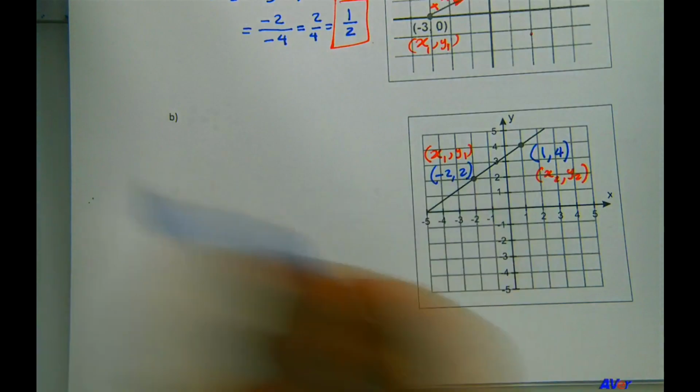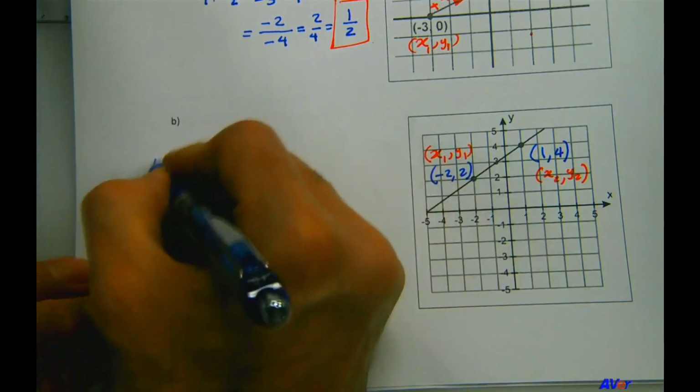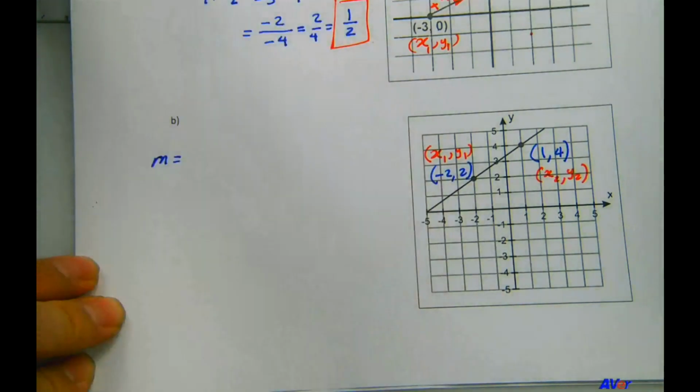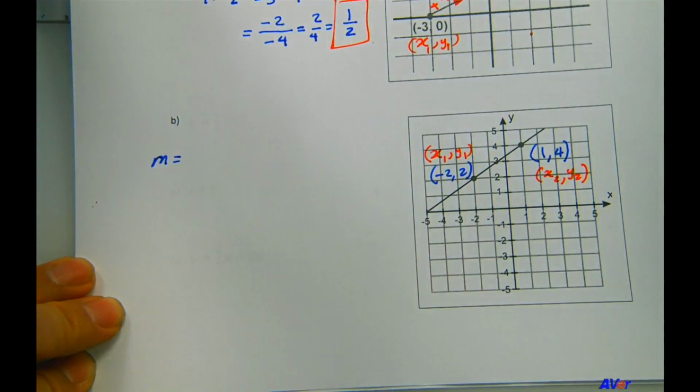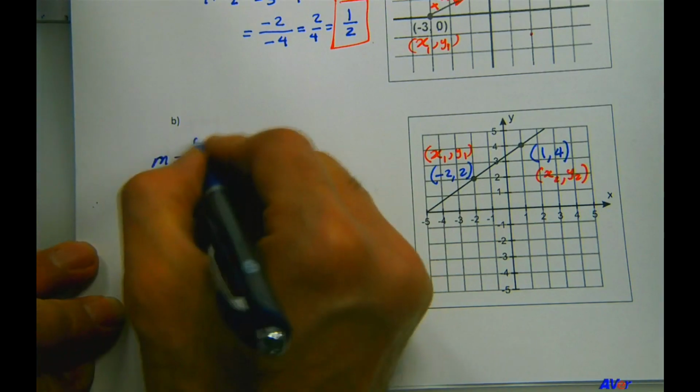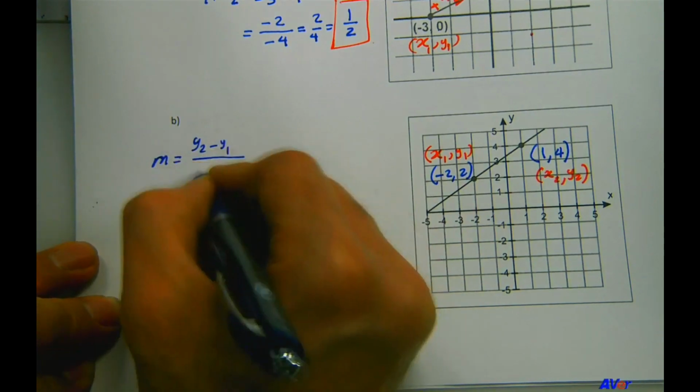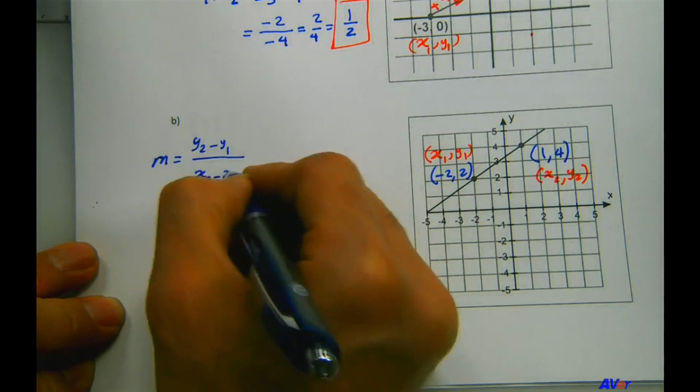So now let's find the slope. I know in the previous example I always used y1 minus y2 over x1 minus x2. Let me now switch to y2 minus y1 over x2 minus x1, because in fact it makes no difference as long as we keep the order of subtraction the same. So I'm going to say y2 minus y1 over x2 minus x1.